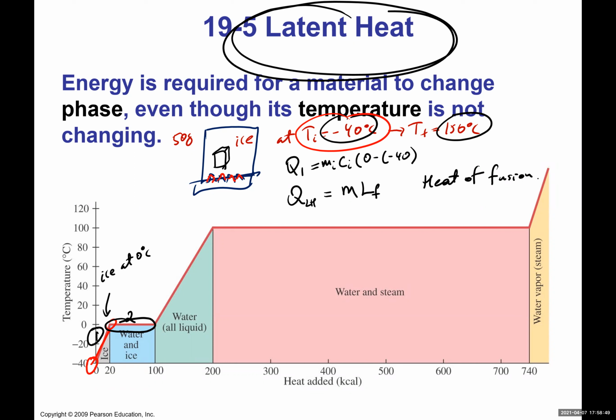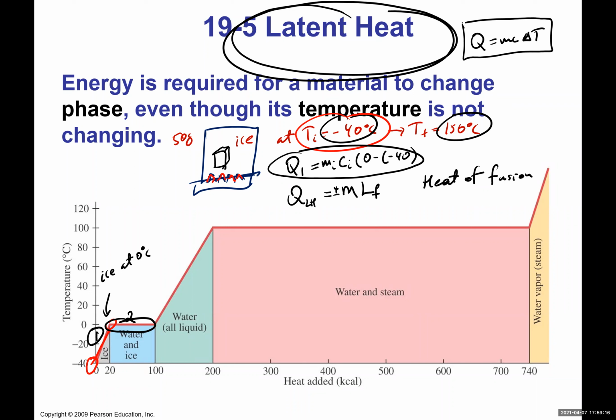And it comes with plus or minus, because the energy from this equation doesn't have a built-in plus or minus. For example, for this energy, Q equals mc delta T. Delta T has a built-in plus or minus inside. If temperature increases, delta T is positive, so Q is positive.